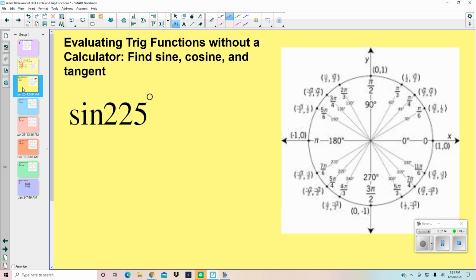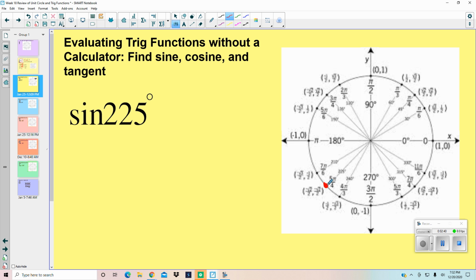So if I'm trying to evaluate the sine of one of the angles on the unit circle, that means I'm looking at that angle, finding it, and stating what the y coordinate is. So when I go to 225 degrees, I can see that that is right here.